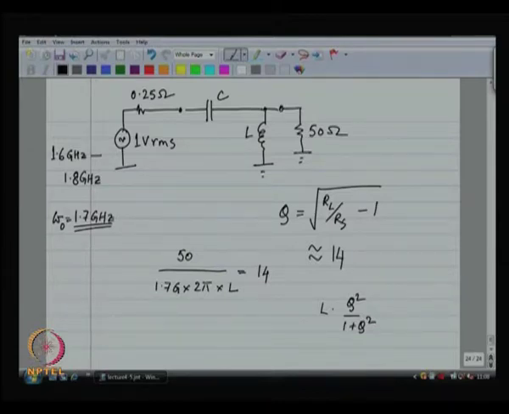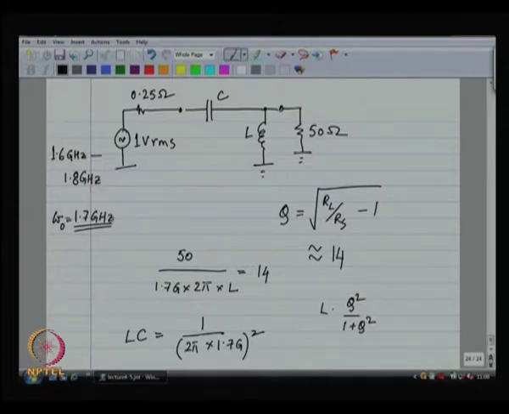So, C times L should be 1 by omega naught squared, and from this you can figure out what is the value of C that you need.